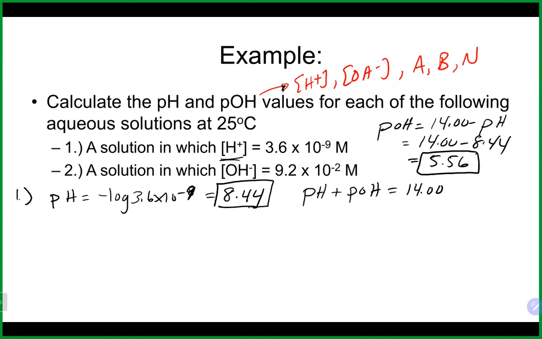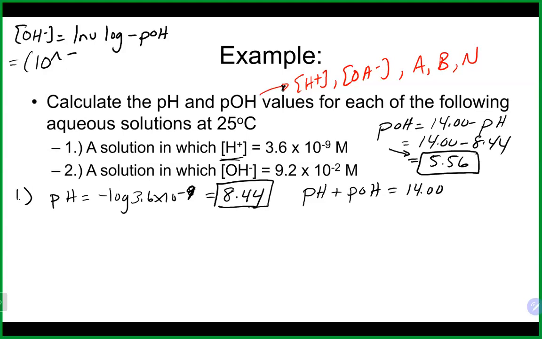Now, since we are also looking for the OH minus in this case, as I mentioned before, you could use Kw, but I'm going to use the other calculation we just talked about. So I'm going to take my pOH and calculate the OH minus by taking the inverse log of the minus pOH, or negative pOH. On your calculator, when you do that, a 10 and a caret usually will pop up.